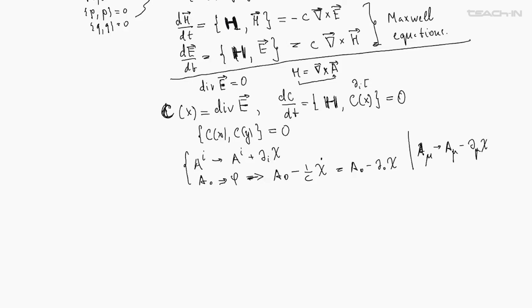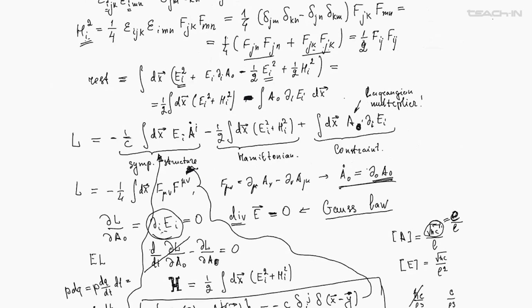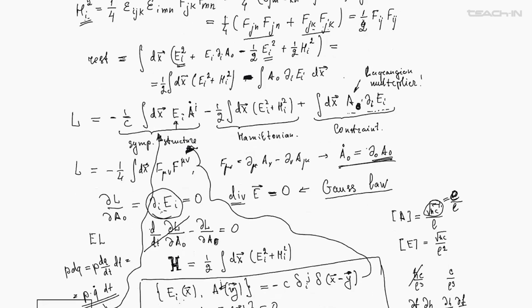We know that electric and magnetic fields do not change under gauge transformations. So the Hamiltonian is invariant under gauge transformations. It does not change because it is just the sum of squares of the electric and magnetic fields. Here, E_i is also invariant. A_i dot will be changed. And here, the d_i E_i term is also invariant, so it will not be changed. So only the potential A_0 will be changed. So A_i dot and A_0 are the only terms which will undergo change under gauge transformation.